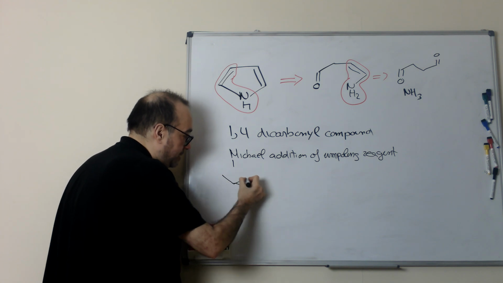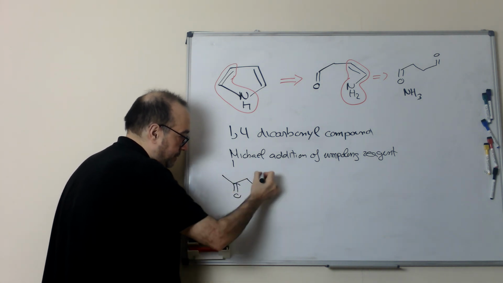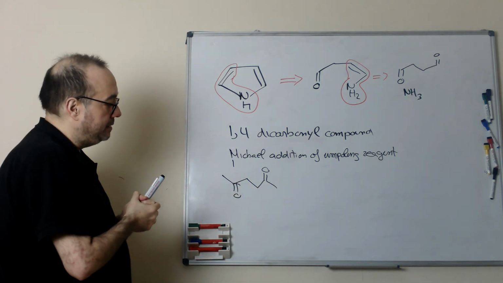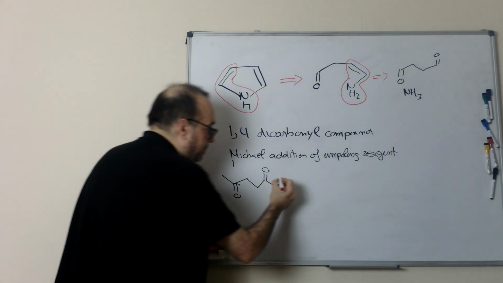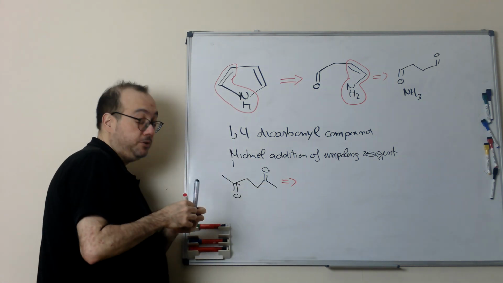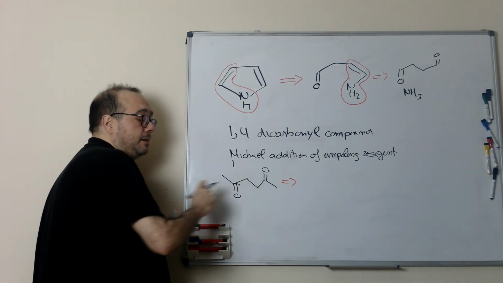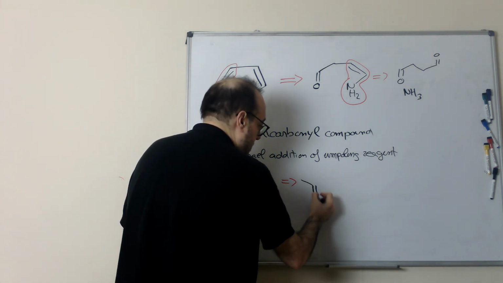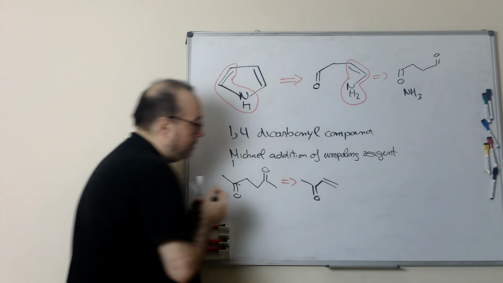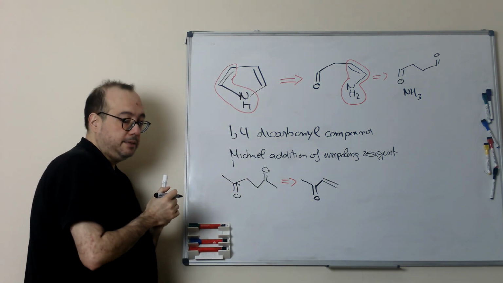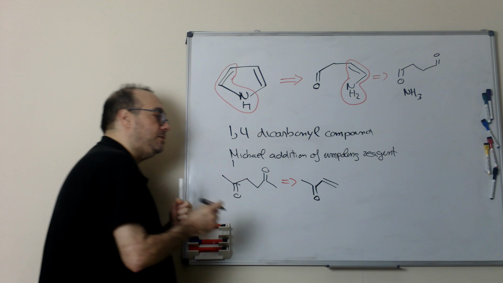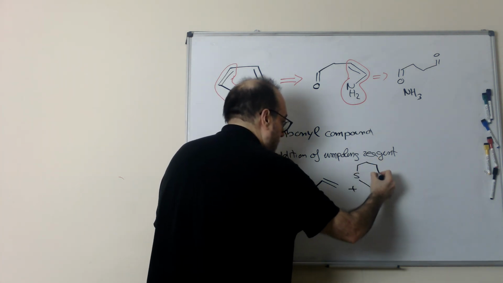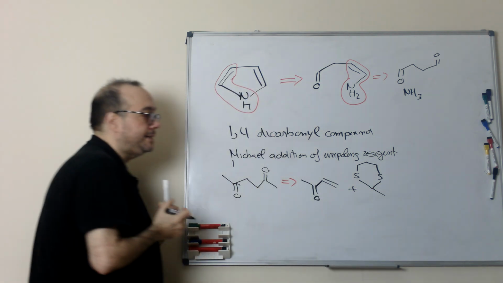For example, we can take an easy example. We want to synthesize this one. You need to check the notes of Bruno. This can come from this alpha-beta unsaturated ketone plus the addition of this dithiane.